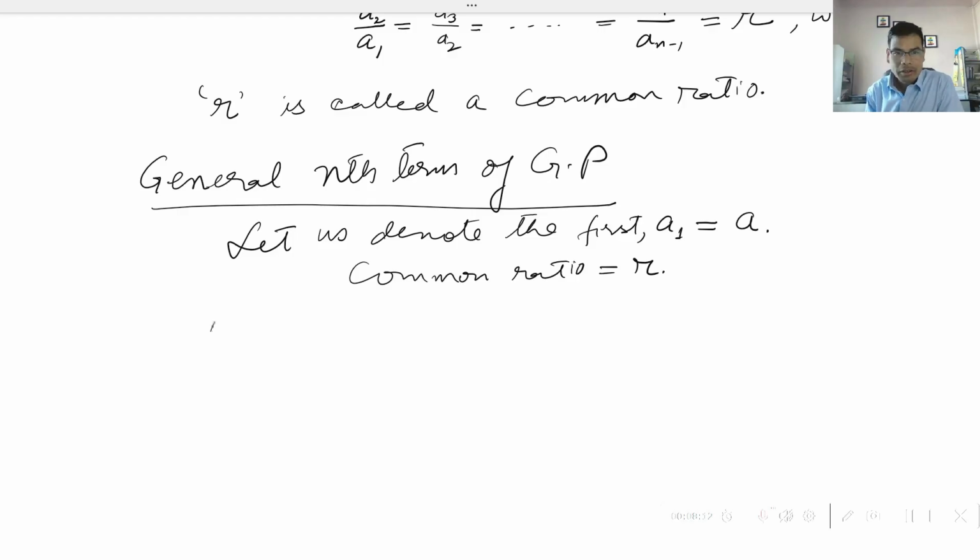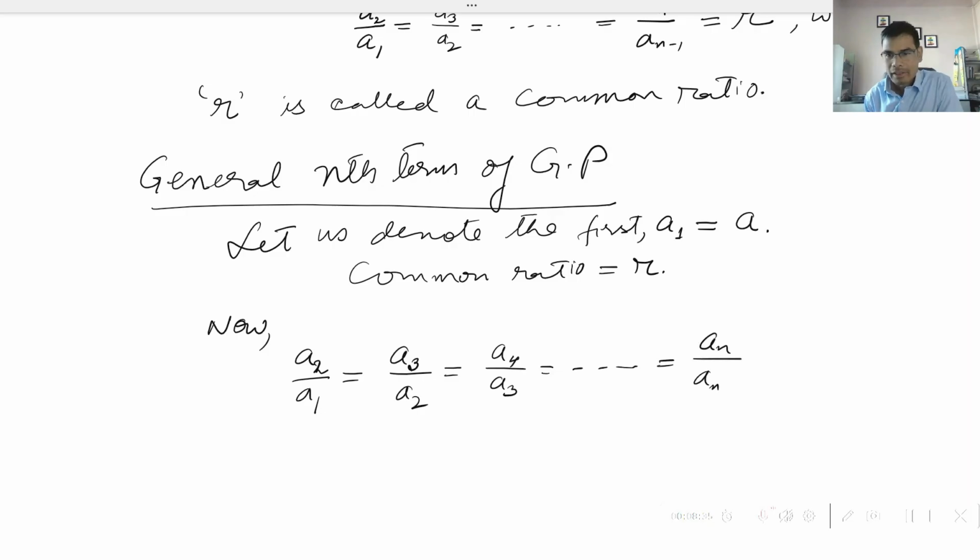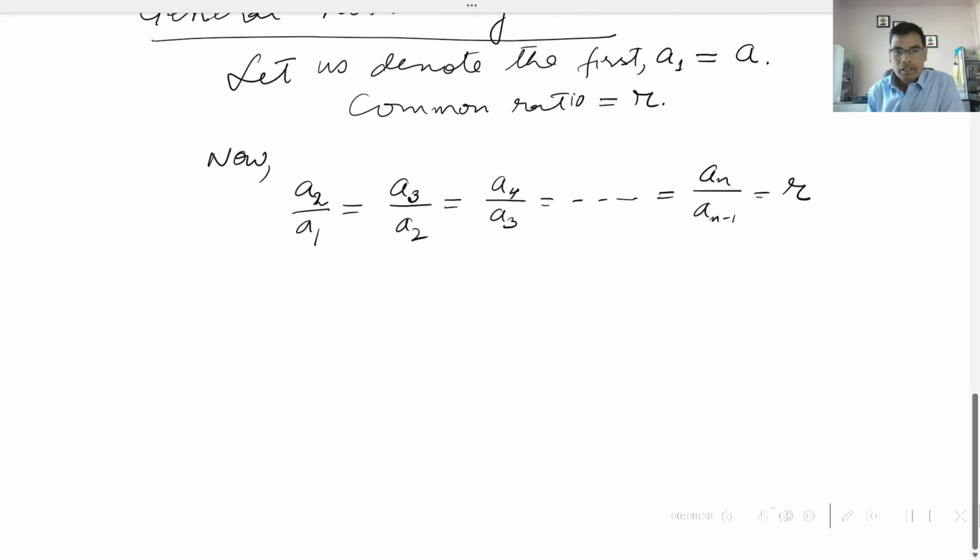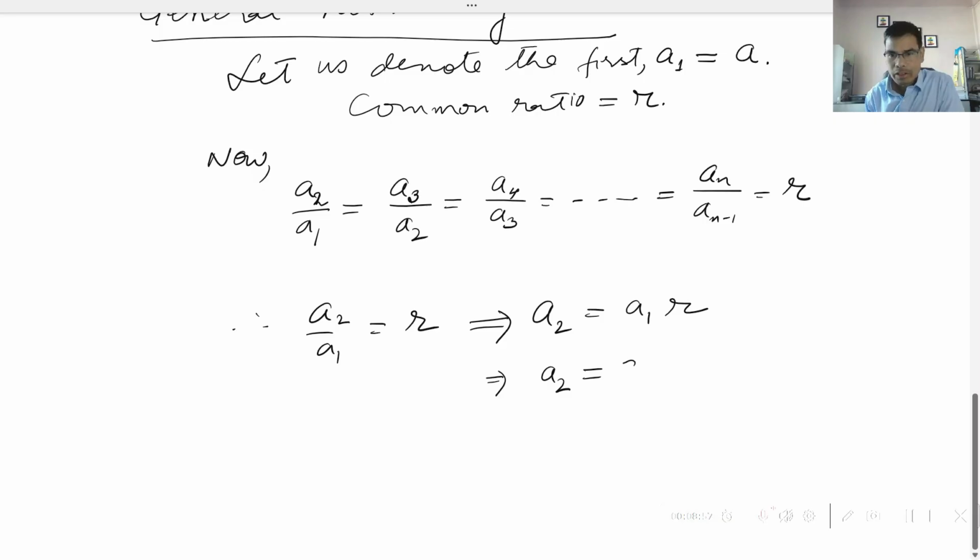Now by definition we have A2 by A1, which is the same as A3 by A2, the same as A4 by A3, and so on till we reach the last term, An by An minus 1, equal to R. So A2 by A1 is R. If we simplify, A2 is equal to A1 R, which implies A2, the second term, is equal to A1, the first term, which we denote as A, then R. So this is our second term.